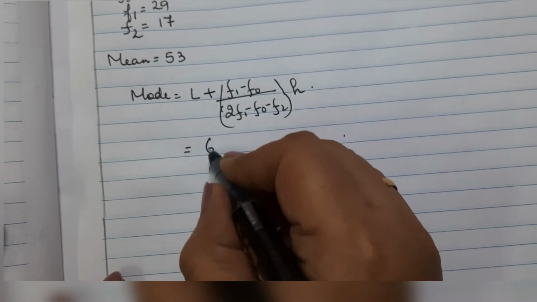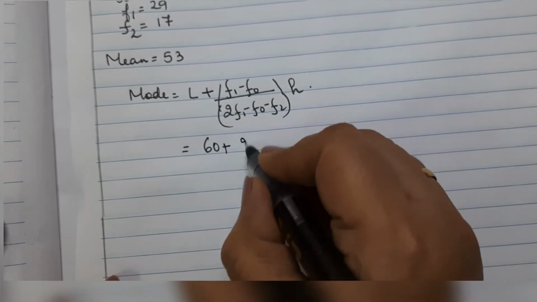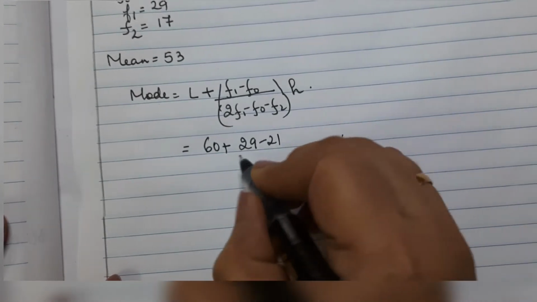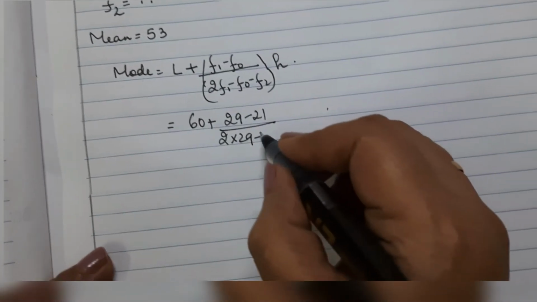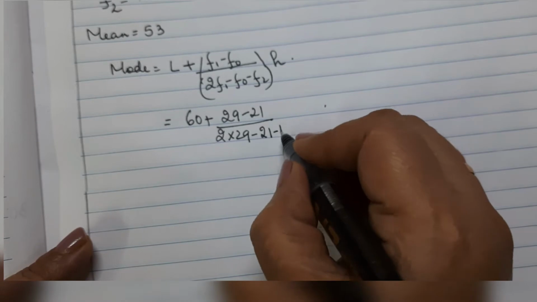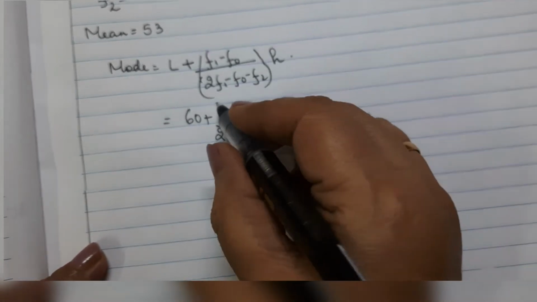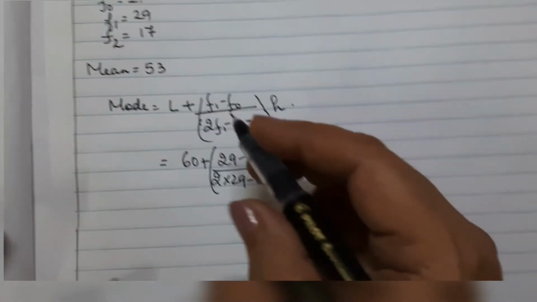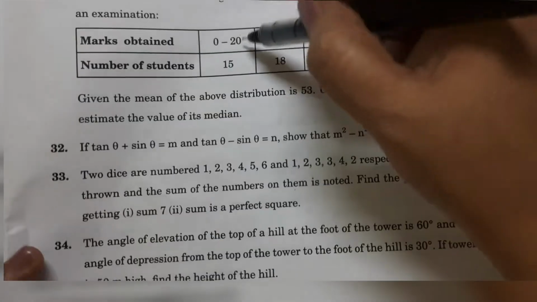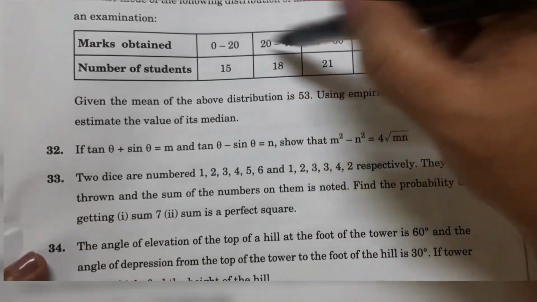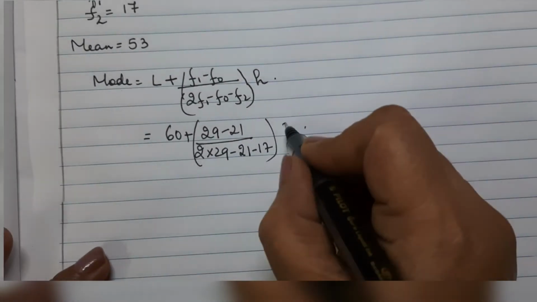So L here is 60 plus 29 minus 21, over 2F1, 2 into 29, minus F0, 21, minus 17. Height of the class interval will be 20. Here you can see 20 minus 0, throughout it is same. It is 20.